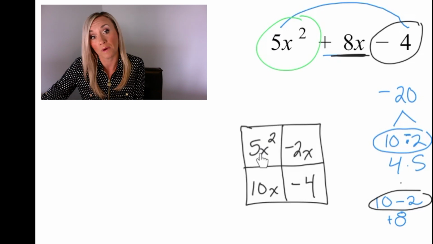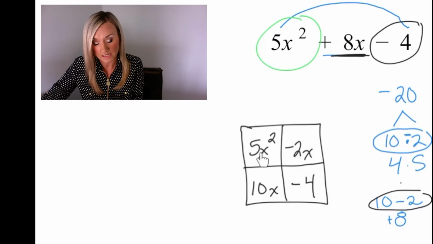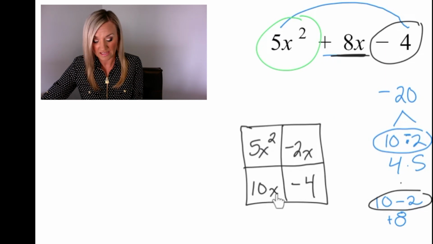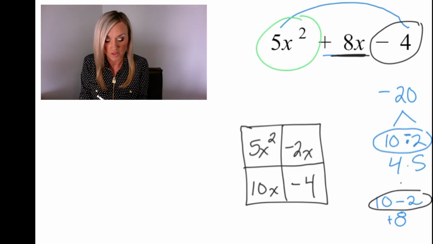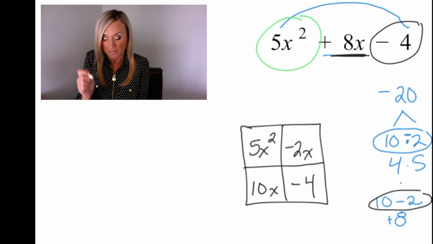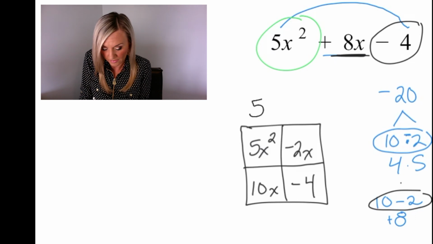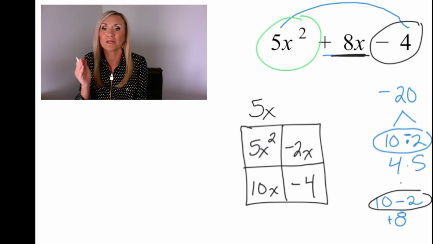I can divide them both by 5, and there's no larger number than that. They also each have at least one x, so I can divide them both by an x as well. So what's going to go on top above that column is a 5x, because you can divide both of them by 5x.